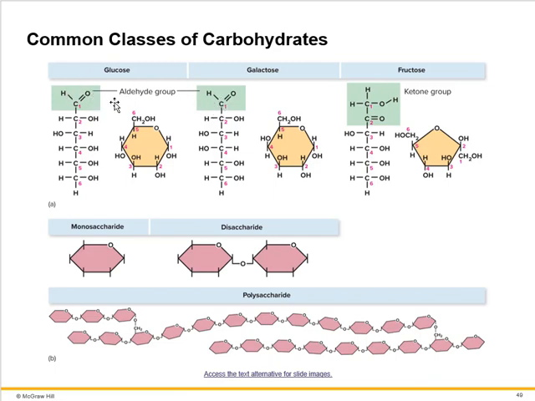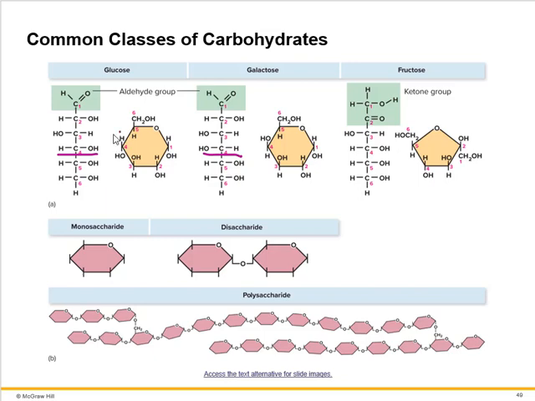And so glucose and galactose are very, very similar. If you look at them, you can't tell a whole lot of difference, except for the 4th carbon here has a little different arrangement. And so you can see that there's a hydrogen on one side and hydroxyl, and this is kind of like the opposite, hydroxyl on one side and the hydrogen on the other.